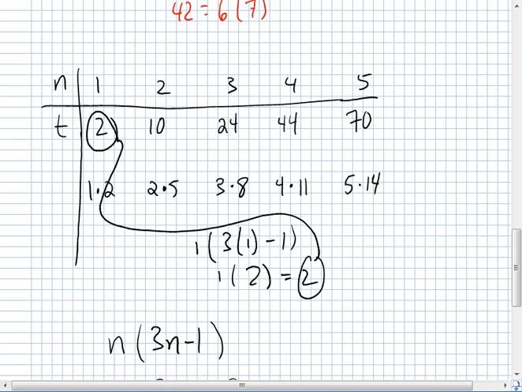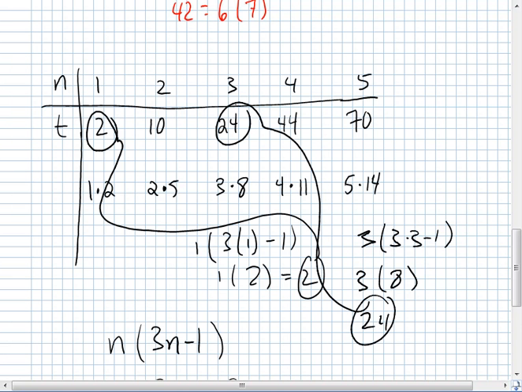Do the next one, or one of the other ones. Let's do 3. Okay? So 3 times 3 minus 1, 3 times 8 is definitely 24, which is what we were expecting. Okay? Okay, so that's the math part done. There's just one other bit of logic I need to tell you about. That'll be the next video, and that's it.